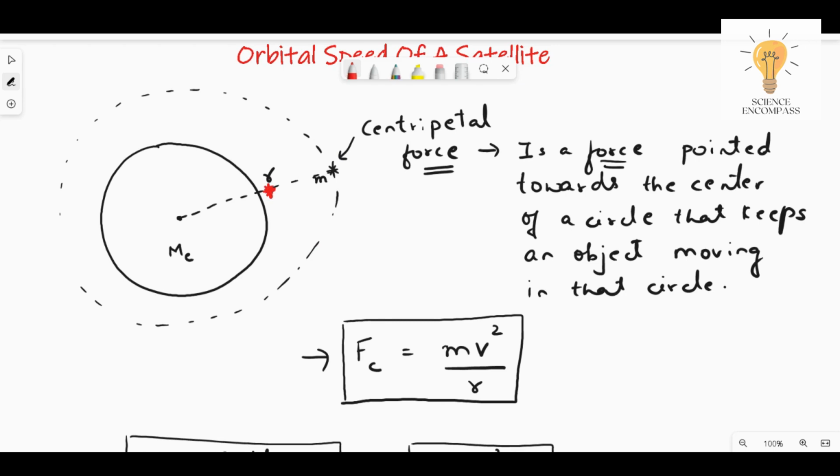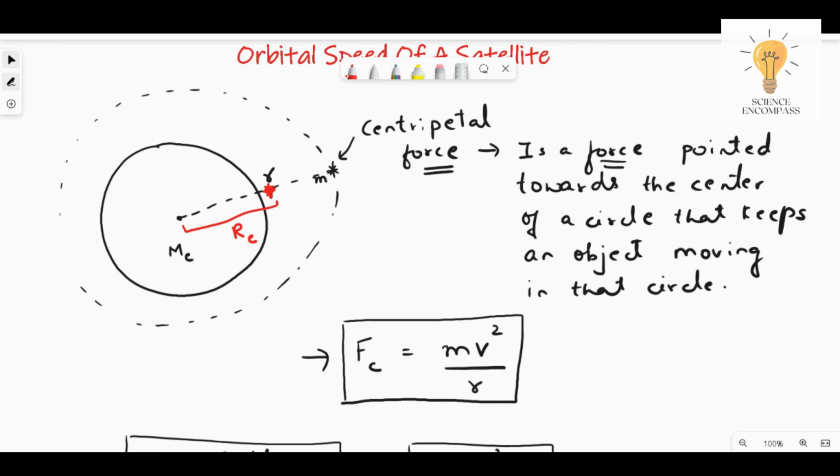So if the satellite is revolving very close to the Earth's surface, then what would be the distance? In the previous one, we had mentioned that the distance would be little r, isn't it? Yeah, it would be little r. But in this case, we can write it as the radius of the Earth, that's a bigger R, the radius of the Earth, RE, because this little distance doesn't really matter.